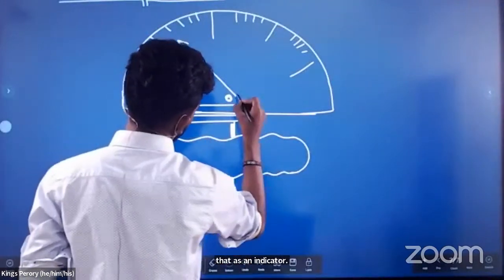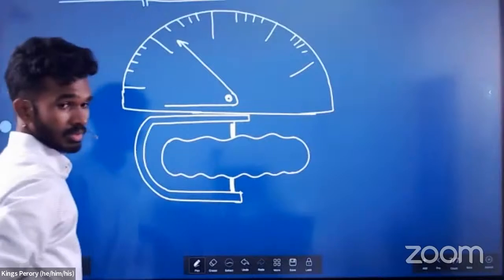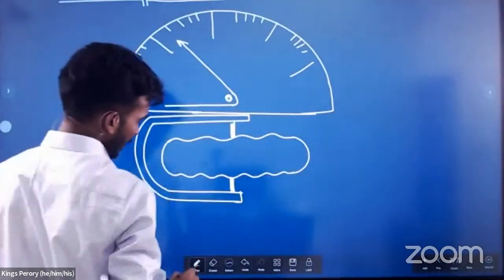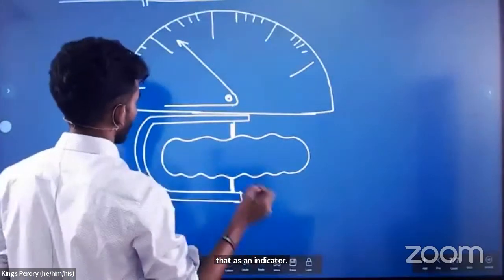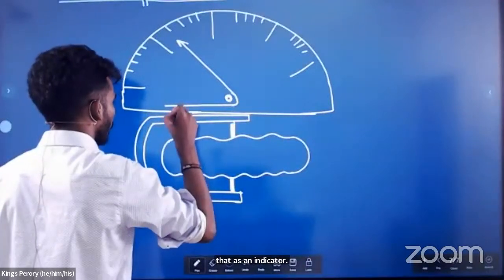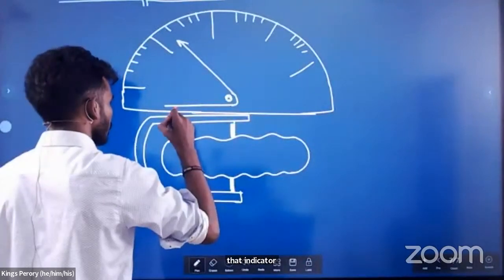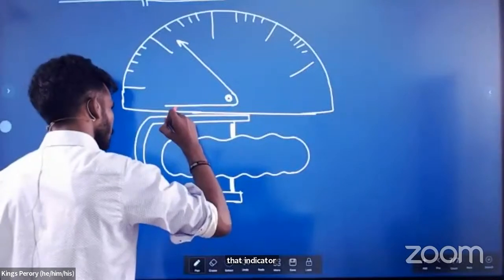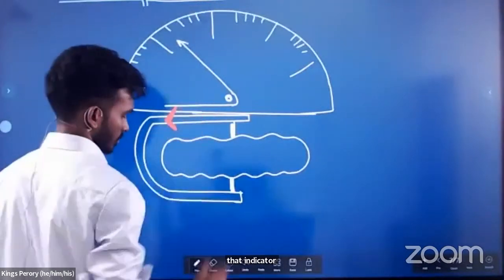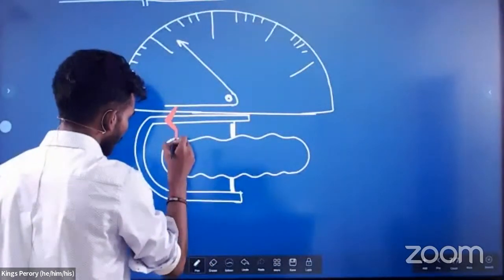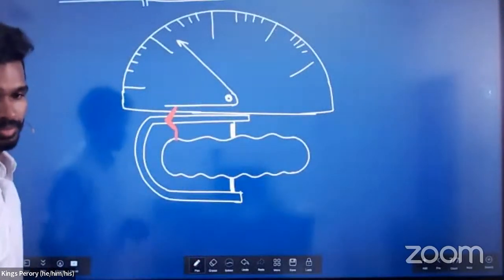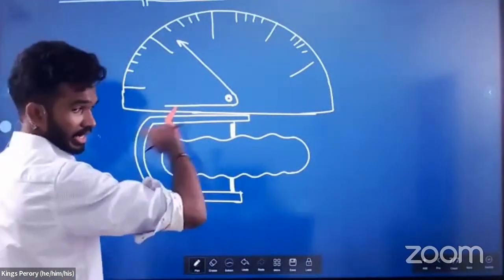That has an indicator. That indicator is connected to the metal cavity.